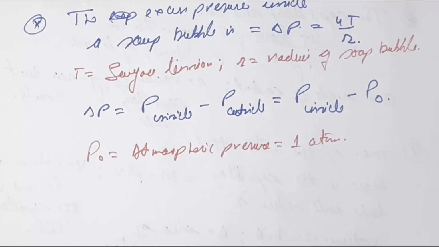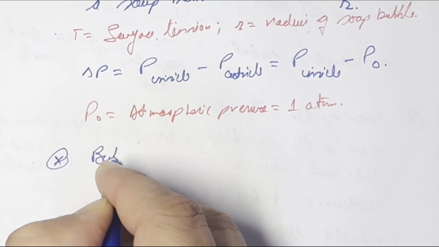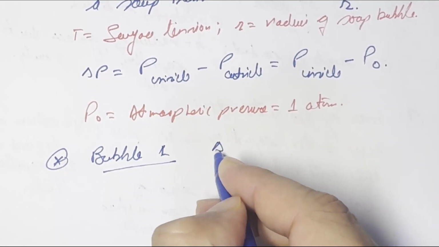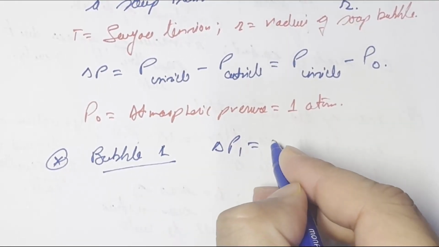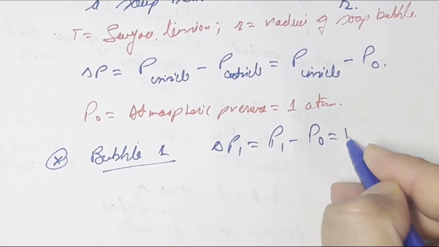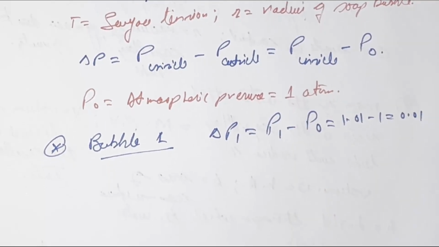So we have two bubbles. Let us start with bubble 1. We can write delta P1 is equal to P1 minus P naught. P1 is given as 1.01 minus 1, which is 0.01.